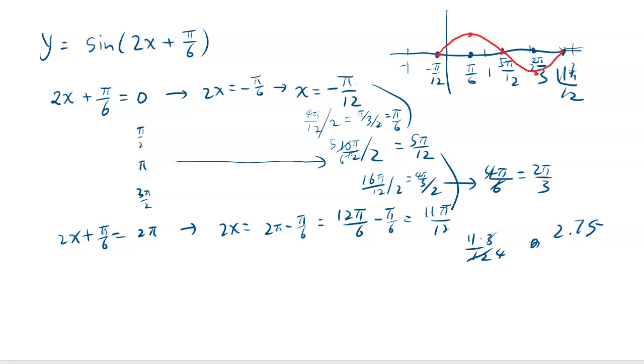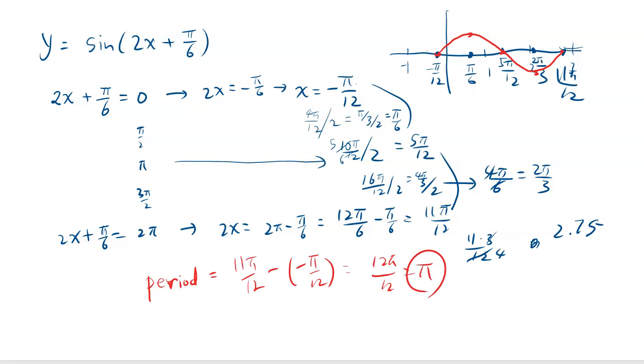Okay, now let's also figure out the period, which is the difference of these two, 11 pi over 12 minus -pi over 12, which is 12 pi over 12, which is pi. So period is pi. This length here is pi.